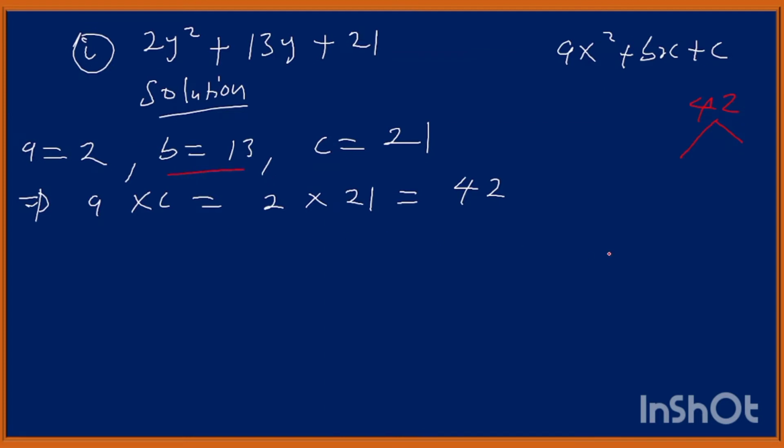The factors of 42 that can do that are 7 and 6, because 7 times 6 is 42, while 7 plus 6 is the value of b. So we attach the variable we are working with, which is y, so 7y and 6y.